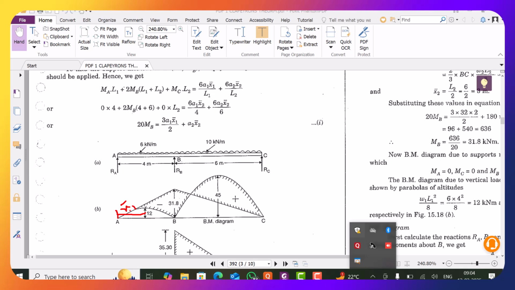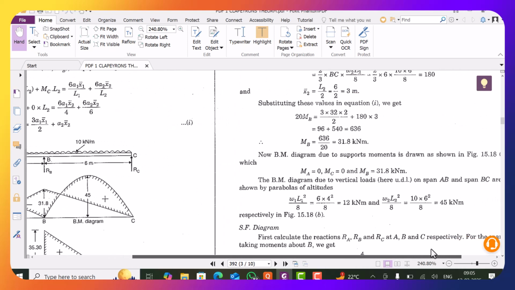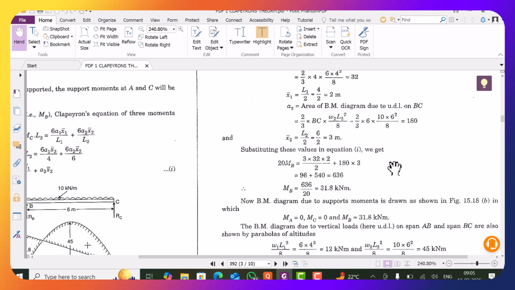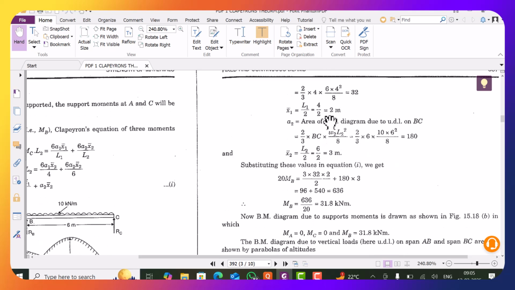This x1 bar will be at mid. It is quite obvious: if the total span is 4 meters, then x1 bar will be equal to 2. So you can see here the x1 value is L1 by 2, that is equal to 2 meters.